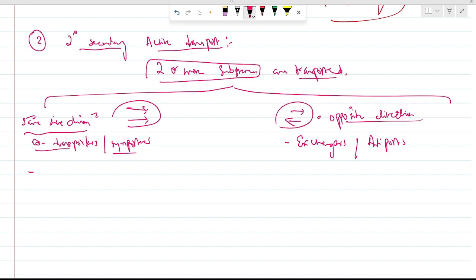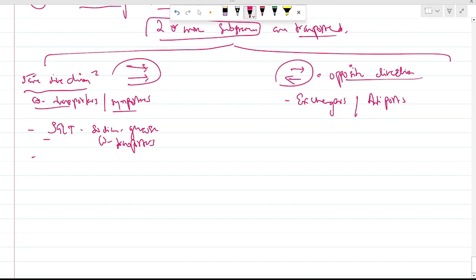Examples of these co-transporters are SGLT, which stands for sodium glucose co-transporter. Sodium and glucose are transported along with each other at the same time in the same direction. Next one is the sodium potassium 2-chloride co-transporter.